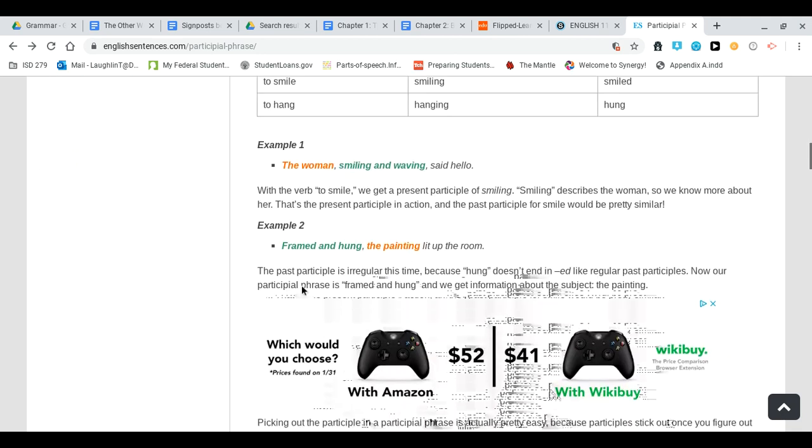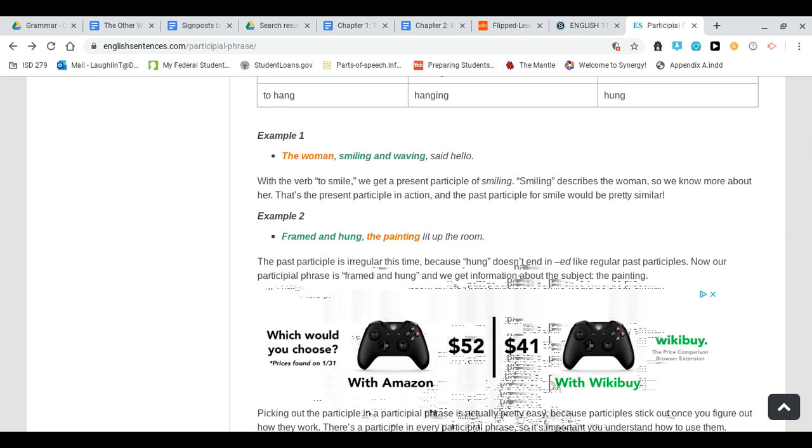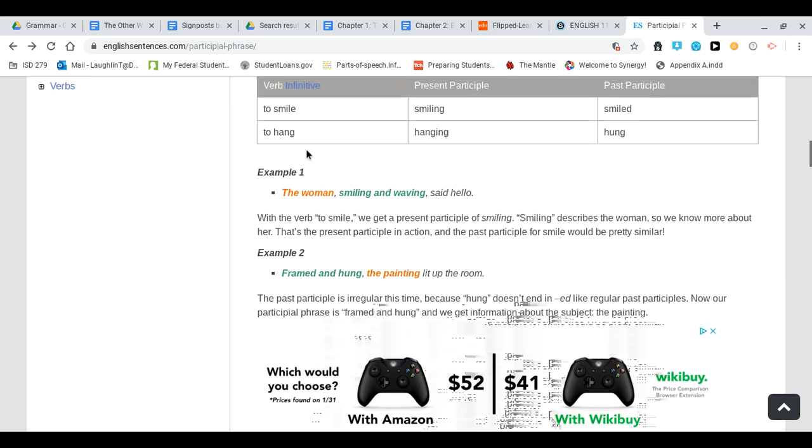Now, notice in example 1 here. When we have the verb to smile, as it is above, we turn it to the present. So the woman, smiling and waving, said hello. Now, if you're paying attention, that looks like an appositive because you have the subject, which is a noun, and you have the subject being modified by a non-essential part of the sentence, smiling and waving, and then said hello completes the sentence.